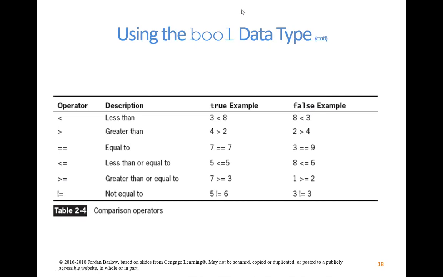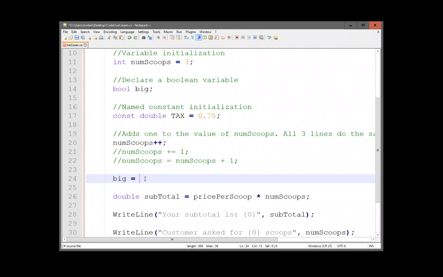So in our code, we want the value of this big variable to be true, let's say, if the customer has more than 3 scoops.